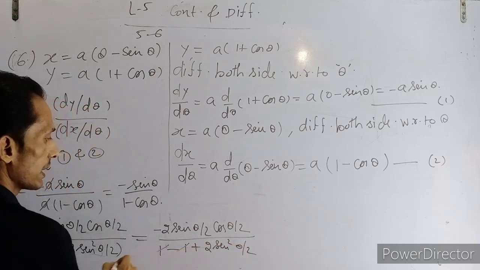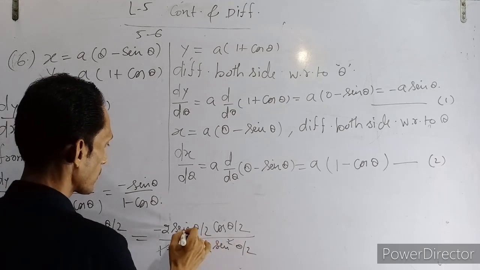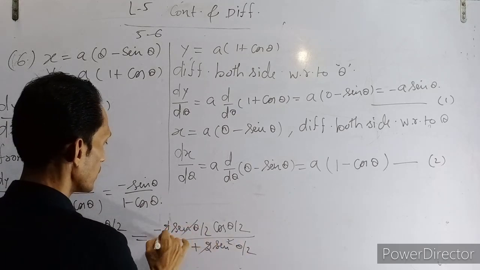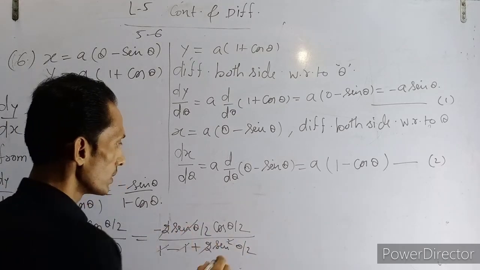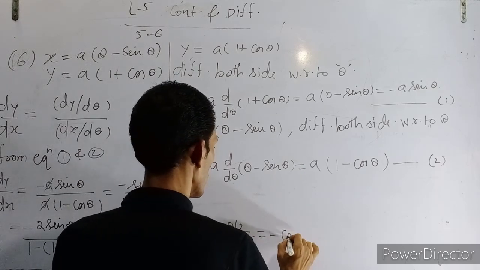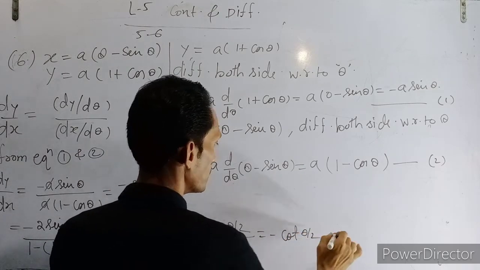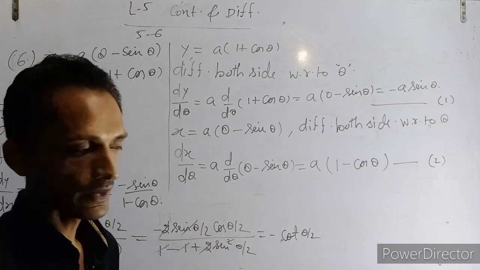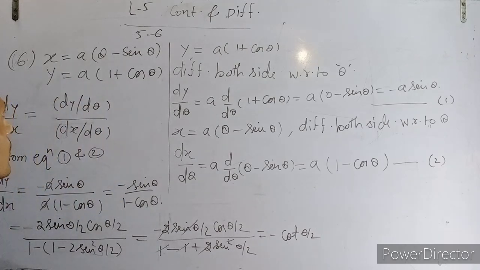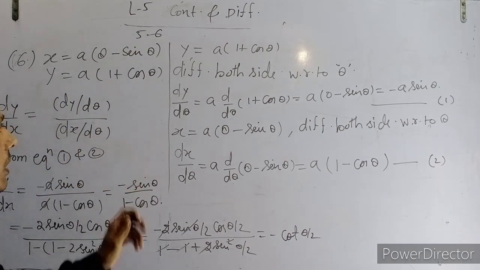You can see this cancels, the square also cancels, and the 2 also cancels. So what will come? Minus cot theta by 2. Okay, these are all about 5 and 6. You can do more after this question.